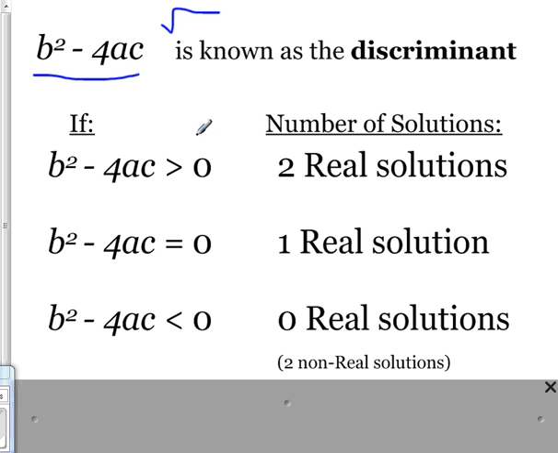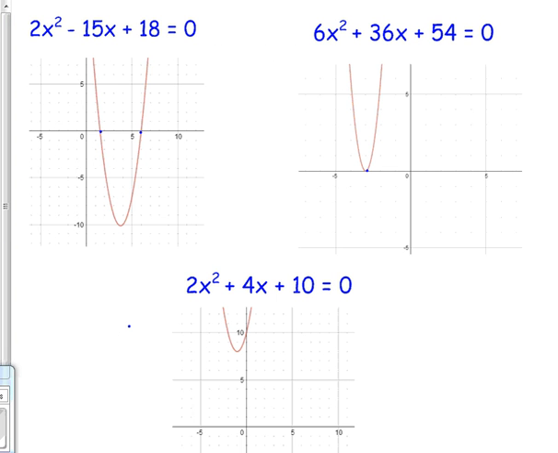If you take the square root of 0, you get 1 answer. If you take the square root of a negative number, you get complex or imaginary solutions. So that's using the quadratic formula where you end up with imaginary numbers. And I really want to emphasize that the answers to each of these equations are where it crosses the x-axis.